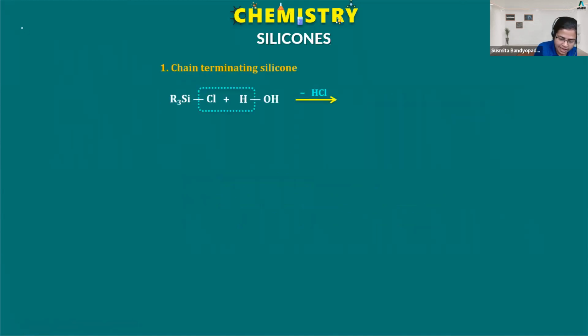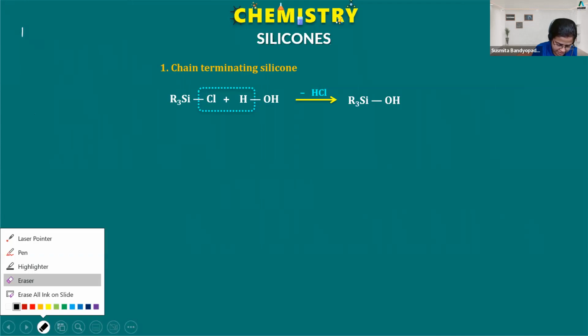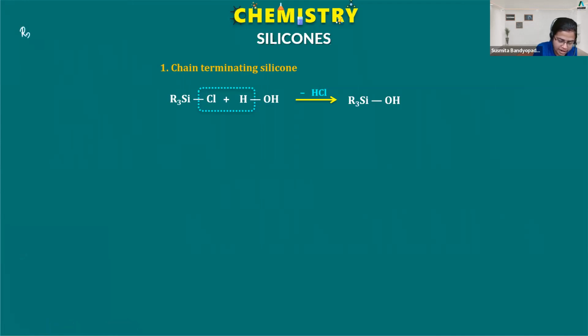So what we do is we take R3SiCl. Students, when you hydrolyze it, what will happen? Water will attack. Cl is a good leaving group and it will go off. OH is a stronger nucleophile. Stronger will come, weaker will leave.